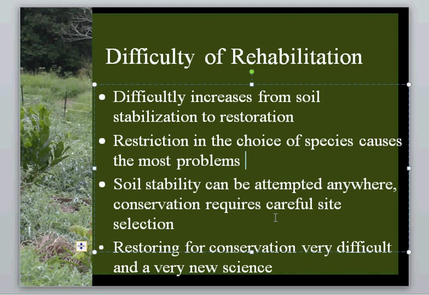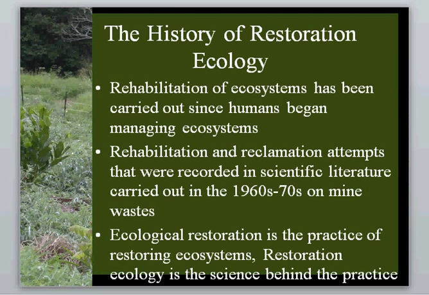Okay, I just want to talk a little bit about the history of restoration ecology. Now, this is really the history of modern day Western restoration ecology. There have been different types of restoration or rehabilitation by different human societies since time or records began. So, as I've got there in the first bullet, rehabilitation of ecosystems has been carried out since humans began managing ecosystems.